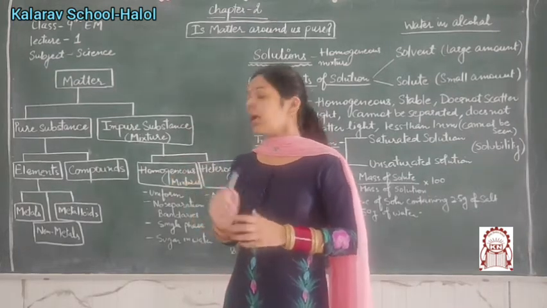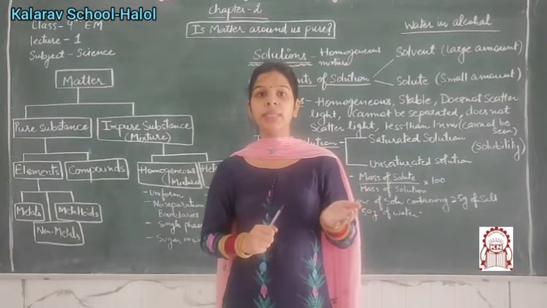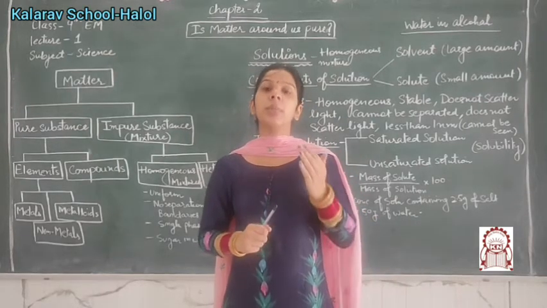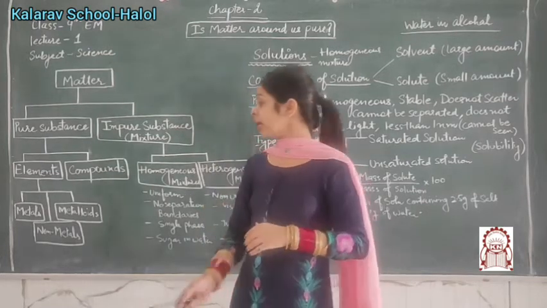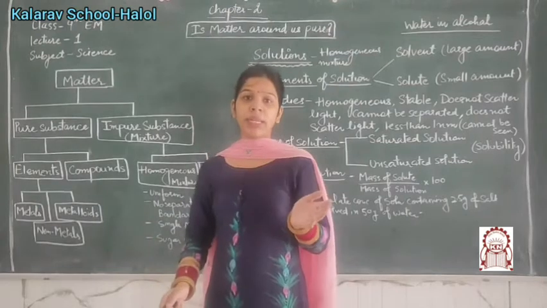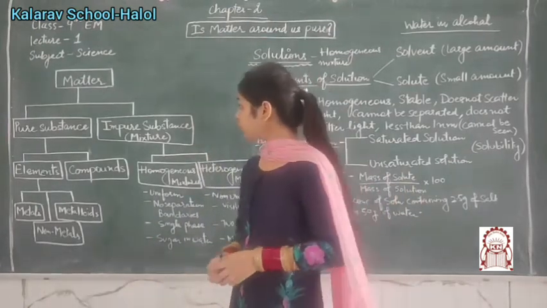Similarly, on the other side, non-metals have a dull appearance, they are brittle, and they are bad conductors of heat and electricity. The metalloids have properties which lie between metals and non-metals.